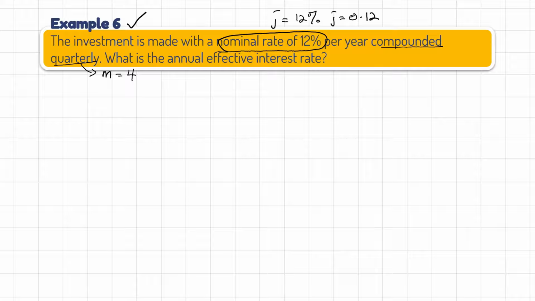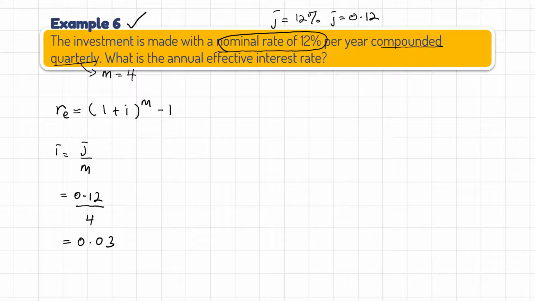So the formula for annual effective interest rate is RE equals 1 plus I to the power of M minus 1. The value of I will equal J over M, which means that our J is 0.12, our M is 4. So our I will equal 0.03. Then just put the values inside the effective formula.